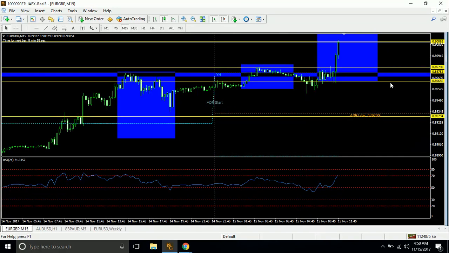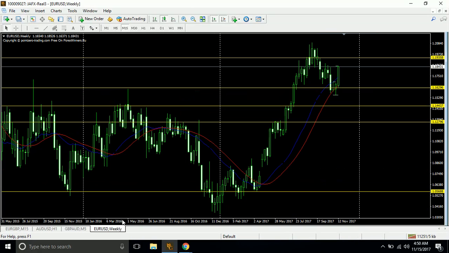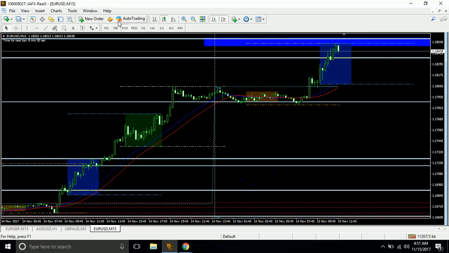As you see, it's gaining on the dollar extremely well at this point. Gaining on the dollar extremely well.